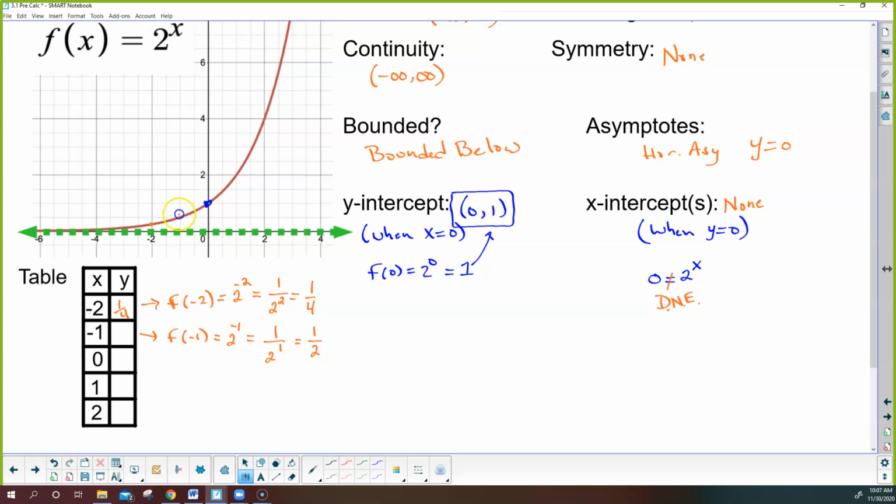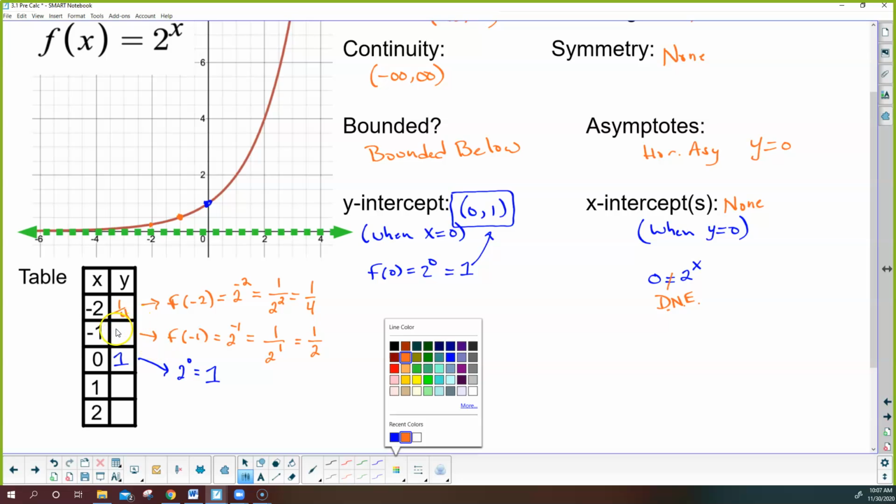So if I go over 1, up a half, you can see the points starting to take shape. Now we already did this one. I'm going to just make it really quick. We already did f of 0, which was 2 to the 0 power. Anything to the 0 power will always be 1. I have to put a 1/2.